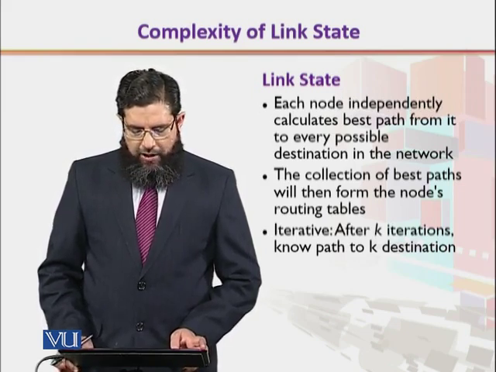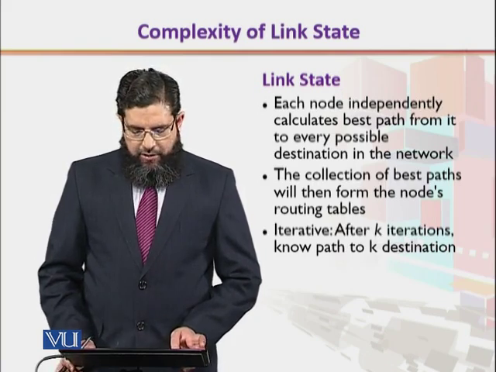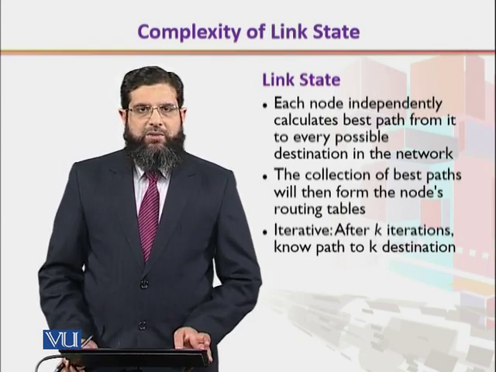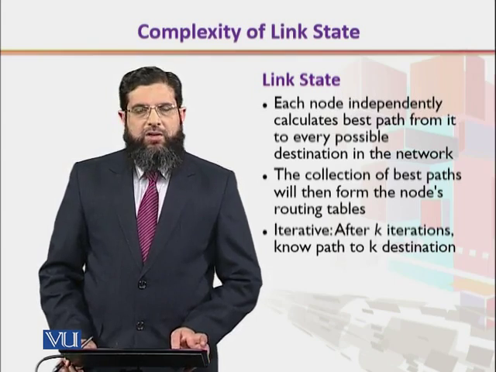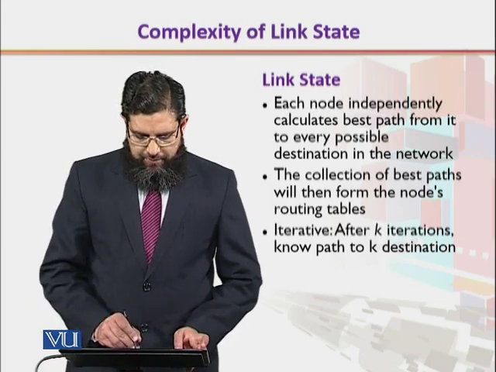The collection of best paths, which is determined through comparison of multiple paths between a source and destination, forms the routing tables. This is an iterative process. It means that when k iterations are performed, paths to k destinations can be discovered.